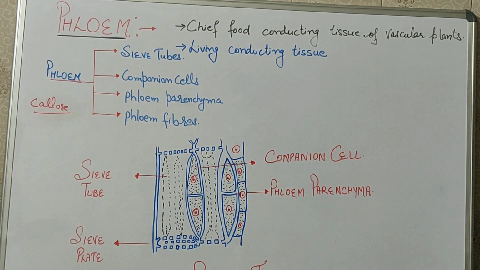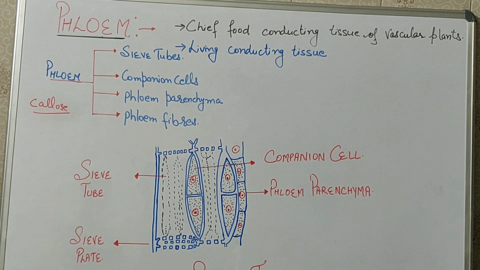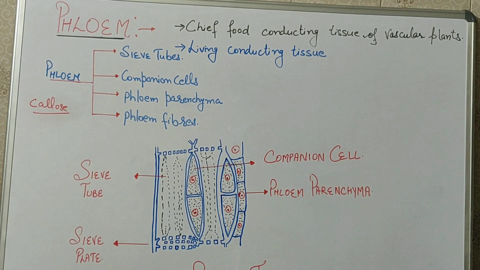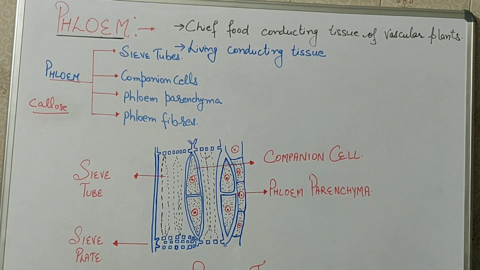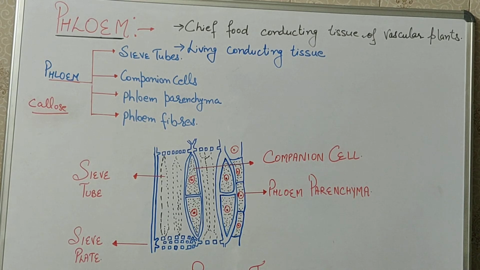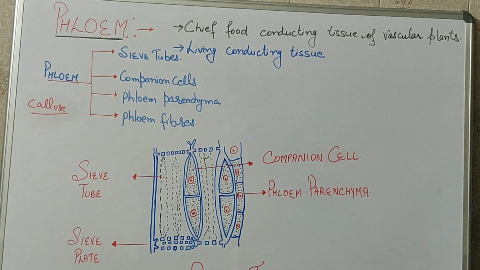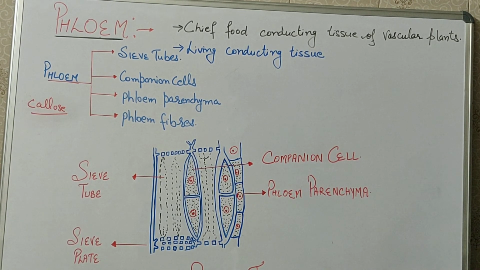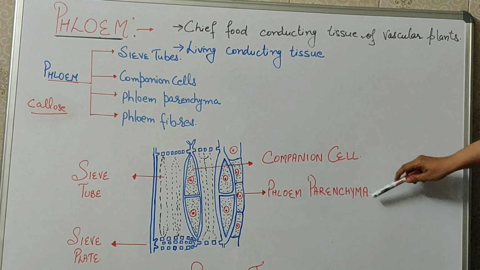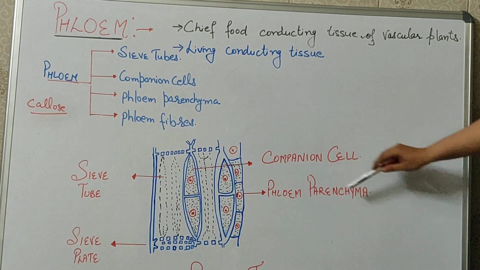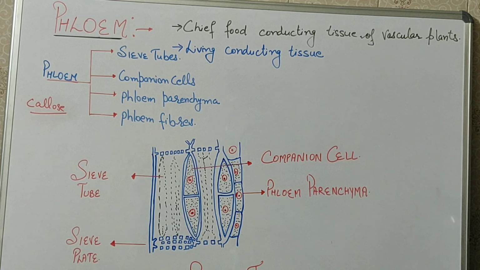Now we are going to discuss phloem parenchyma. We have discussed sieve tube and companion cells. Let's discuss phloem parenchyma. Phloem parenchyma is also made of thin-walled parenchymatous cells. They are also living cells.